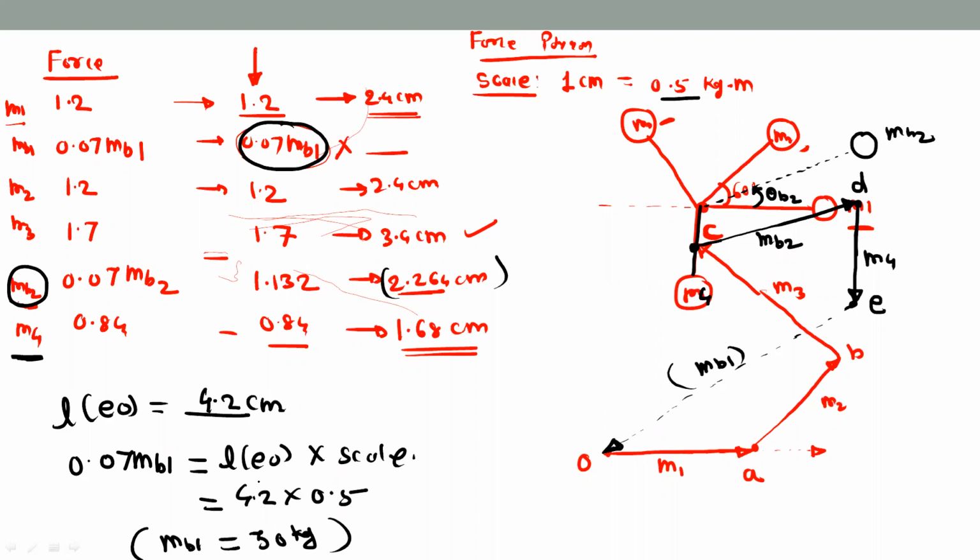You may get some variation because this polygon cannot be perfect. In terms of centimeter, it is quite difficult to draw this line, so you can convert this into millimeter. So this is 24 millimeter, this is 24 millimeter, this is 34 millimeter. You have to draw this approximately.